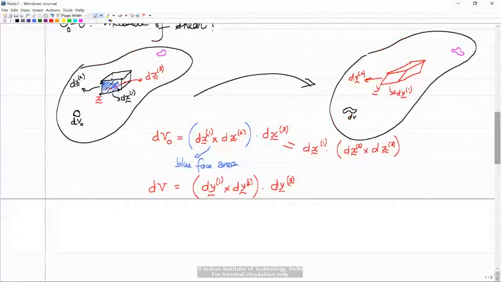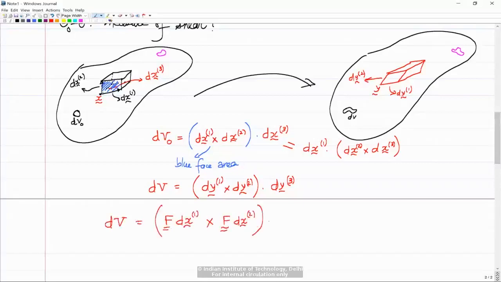And now we want to write down dV in terms of dV naught. So obviously you have to now use that transformation. So you can say that dV is then big F dx1 cross product big F dx2, dot with big F dx3.